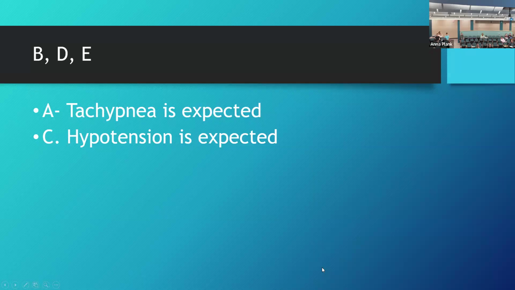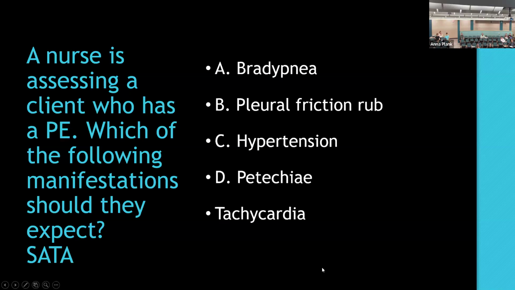B, D, and E. So B is a friction rub, right? And what is a friction rub? Where am I going to assess for that? You're going to listen with your stethoscope to the lungs, and you're going to hear kind of like a grating or a rubbing sound. It's very unique to the pulmonary embolism. Hypotension, do we expect to see that?